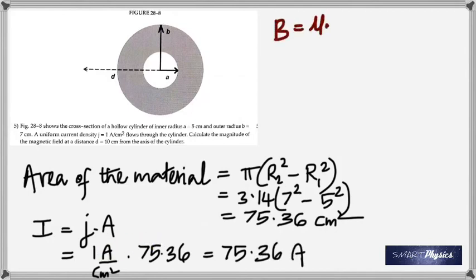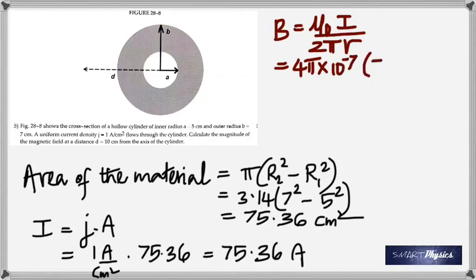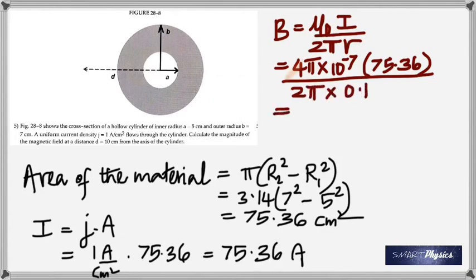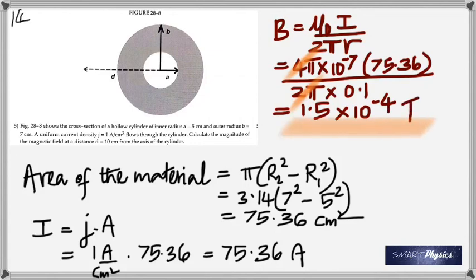And you get the current as 75.36. Once you get that, use the formula for magnetic field due to a straight conductor, with the current we just calculated, over 2 pi times the distance, which is 10 centimeter or 0.1, and you get 1.5 times 10 to the negative 4 Tesla.